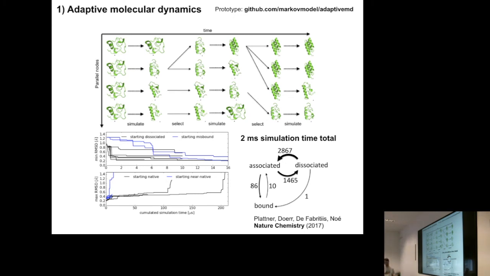So either the simulation force field is completely wrong and it's way too unstable, or we did something right. Okay, so we collected a total of 2 milliseconds of data like that, so that's a lot, obviously. We got thousands of events where the 2 proteins associated and dissociated, and several tens of events where they really went to the crystal-like bound state and back.